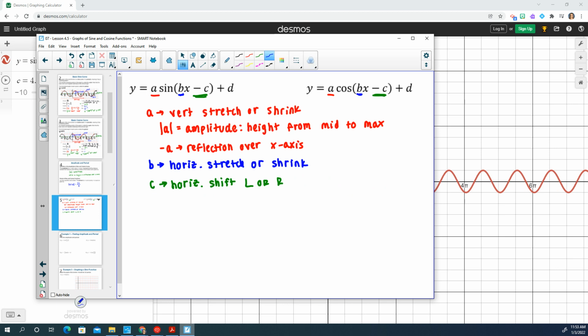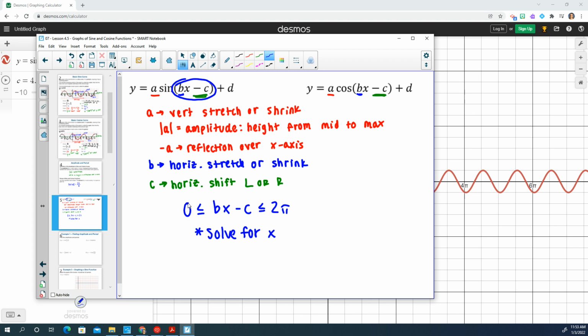So what I want you to write in your notes is this inequality. This works the same for cosine too. I'm just showing you sine as an example. You're going to take whatever's in there and set it up in this inequality. You're going to solve for x. We're not going to do it with letters, but with numbers.